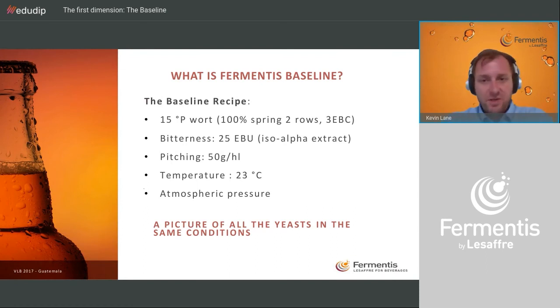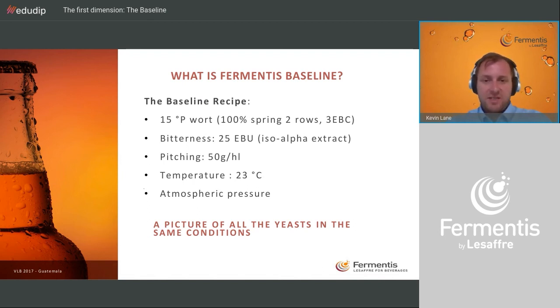So what is the Fermentis baseline? We did what we considered to be the most neutral wort that we could produce. It was a 15 Plato wort, 100% spring 2-row malt, 3 EBC. So really just a very neutral malt, no specialty malts, nothing that's going to really impart too much flavor.